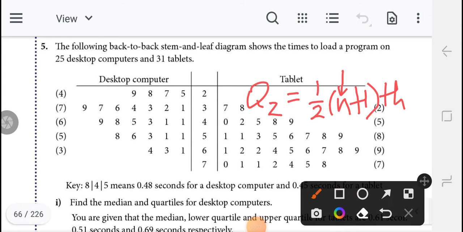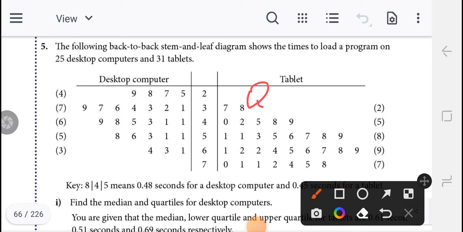The lower quartile is given by this formula. We call it Q1, sorry, not Q3. Q1 is given by the formula one quarter of (n plus 1). Since n plus 1 is 26, 1/4 of 26 gives us 6.5.